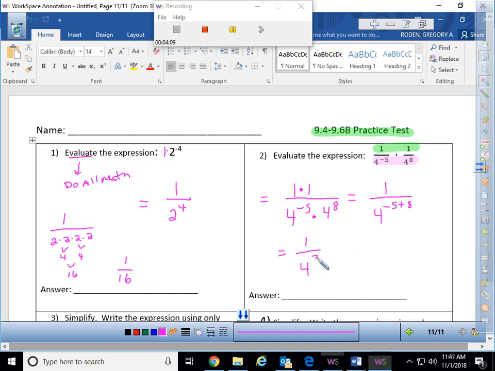So this is going to be 4 to the third power. And this now is going to be 1 over 4 times 4 times 4. Well, 4 times 4 is 16, and 16 times 4, I believe, is 64. So our final answer is going to be 1 over 64.